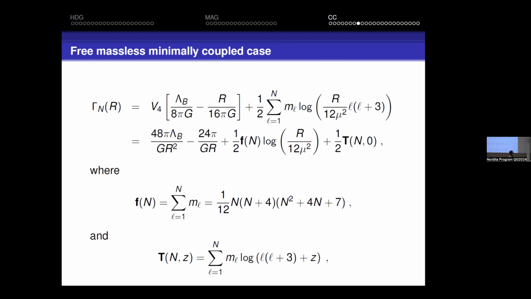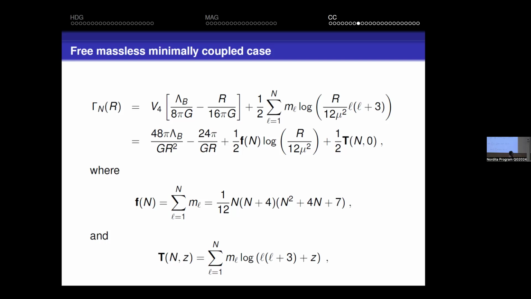You have the Einstein-Hilbert action and the trace log. Now, the volume of the sphere goes like 1 over R squared. So the cosmological constant term goes like 1 over R squared. The Hilbert term goes like 1 over R. And the quantum corrections go like log R.